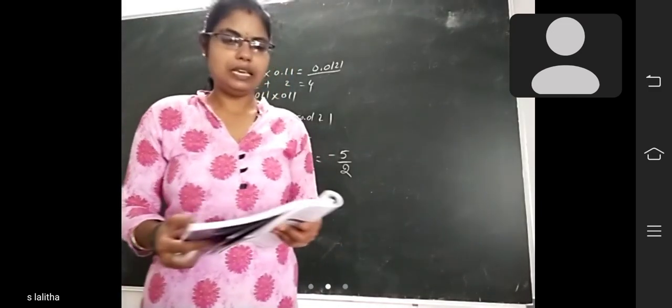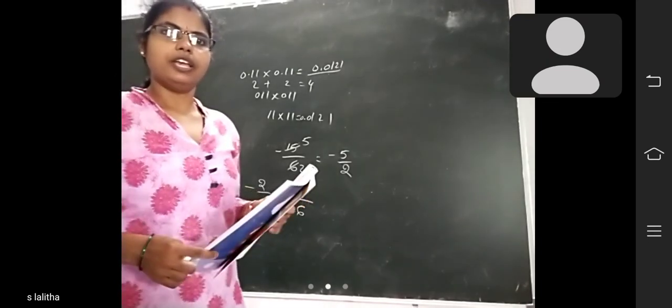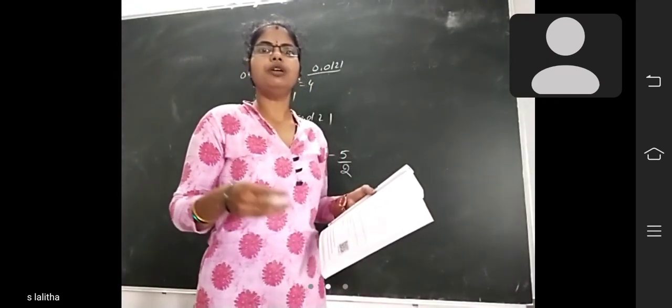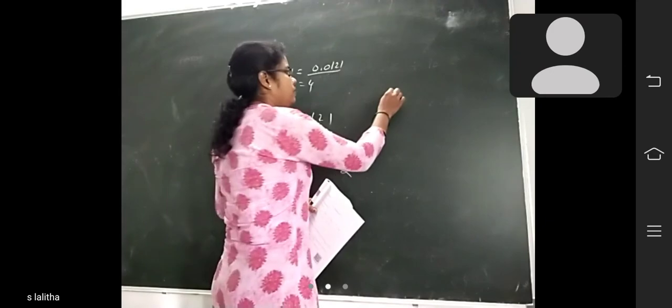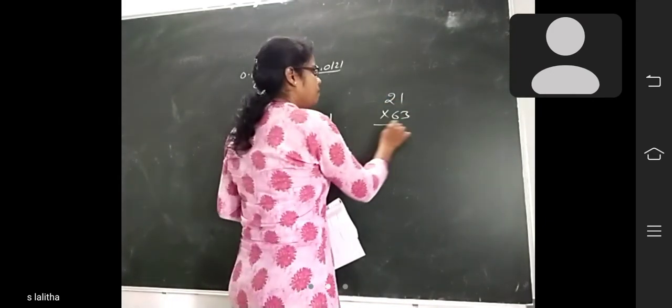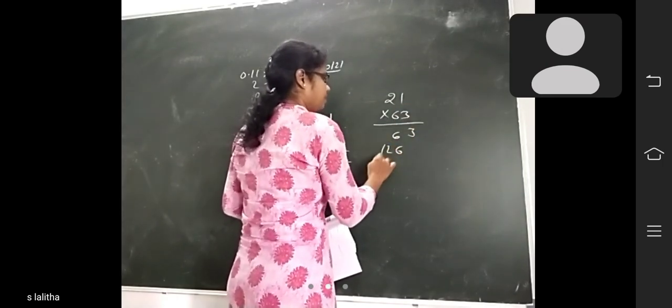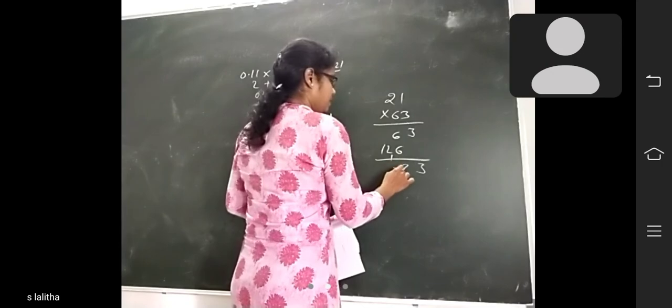Next, third one, see, find the product. 2.1 into 6.3. Okay, how can you do this one? First, you should remove the decimal point. 21 into 63. Now, multiply. 3 ones are 3, 3 twos are 6, 6 ones are 6, 6 twos are 12.